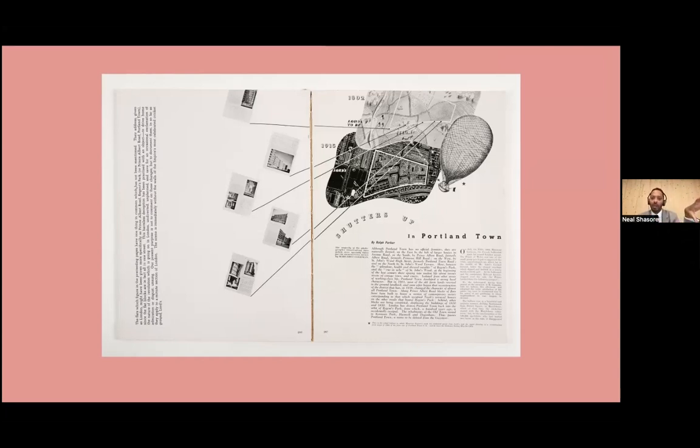This is a spread from the Architectural Review in 1938 called "Shut Us Up in Portland Town," written by a journalist called Ralph Parker, who was actually a communist and died in the Soviet Union.